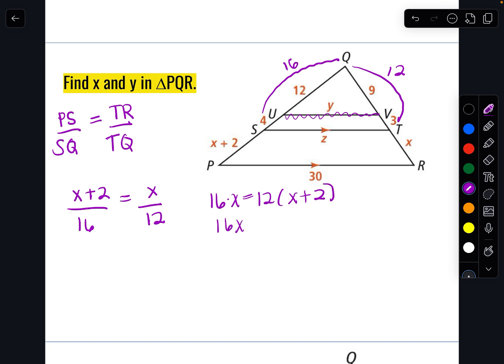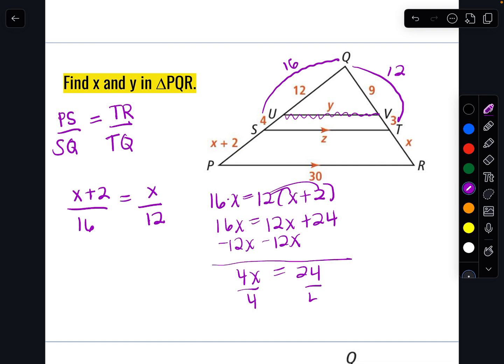So 16x equals 12x plus 24. Then subtracting 12x, I get 4x is 24. And then dividing by 4, I get x is 6. So there's our x.